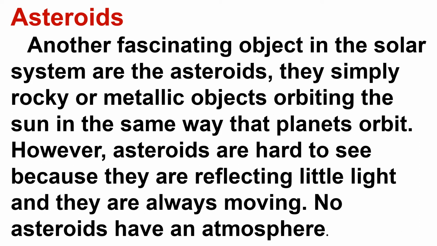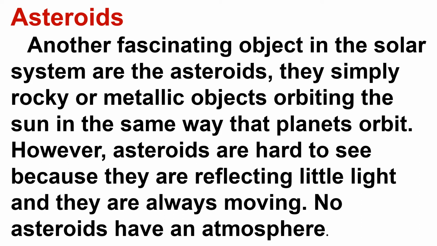Now, this is also another fascinating object in the solar system. They are simply rocky or metallic objects orbiting the Sun in the same way as the planets. How do the planets orbit? It is the same thing with asteroids.